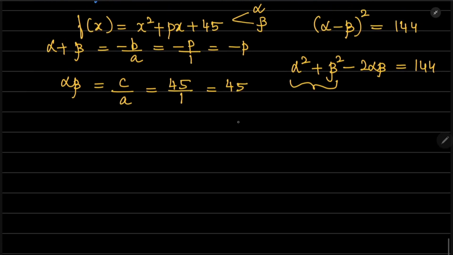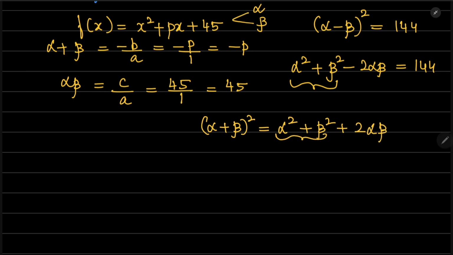Remember the identity: alpha plus beta the whole square equals alpha square plus beta square plus 2 alpha beta. Taking 2 alpha beta to the other side, alpha square plus beta square equals alpha plus beta the whole square minus 2 alpha beta.